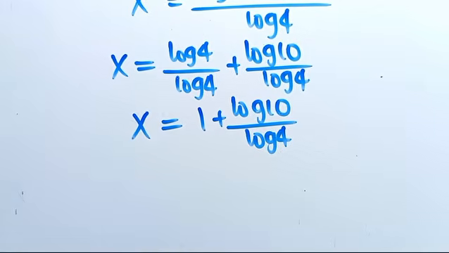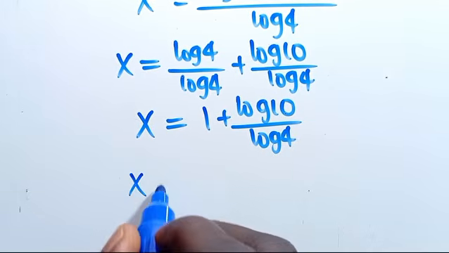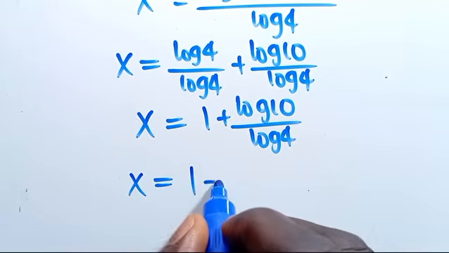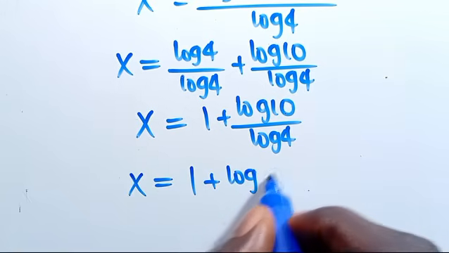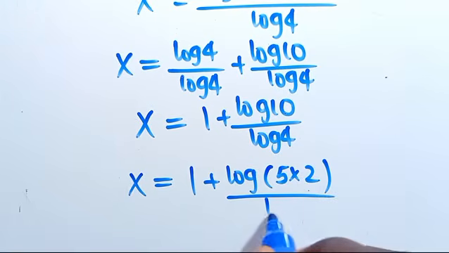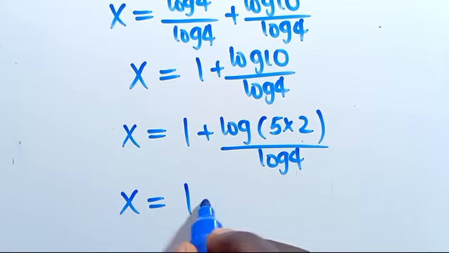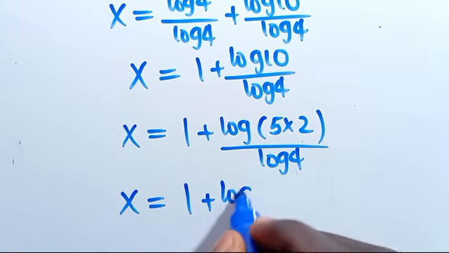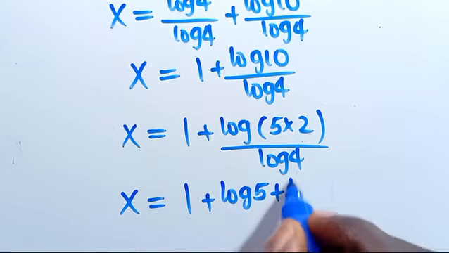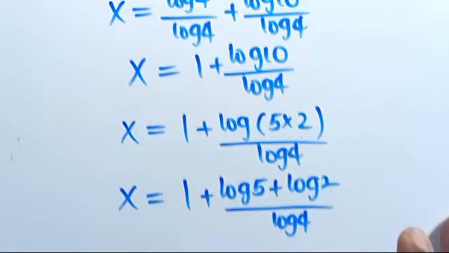Now, from here we have x equals 1 plus log (5 times 2) over log 4. x equals 1 plus log 5 plus log 2 over log 4.